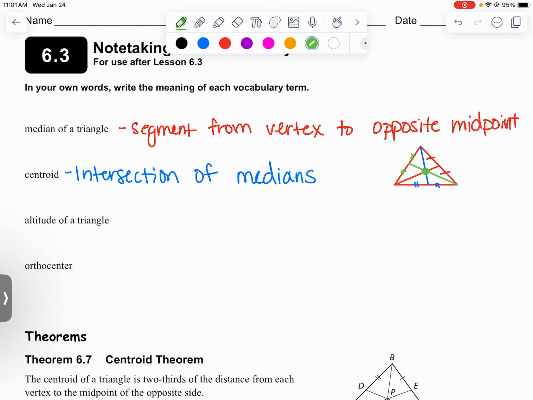So the centroid is where our 3 medians are going to intersect. You can see a picture down below where it says centroid theorem.